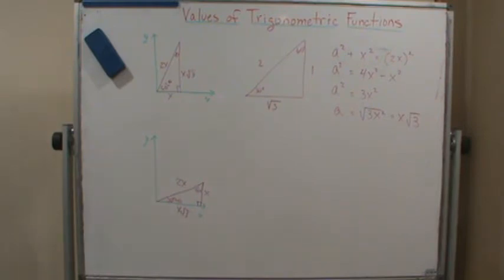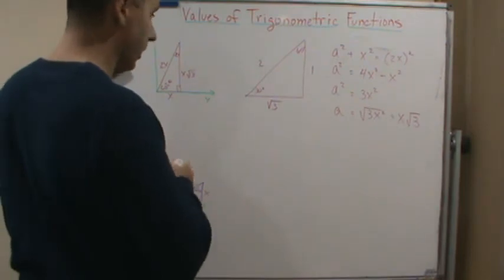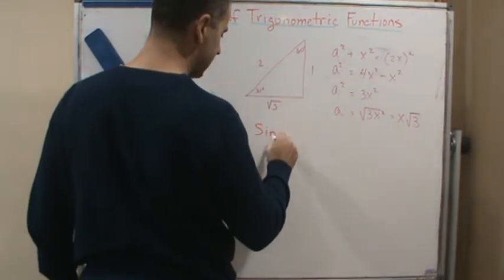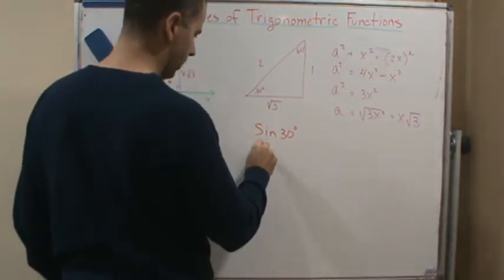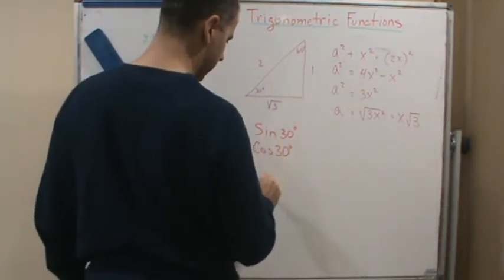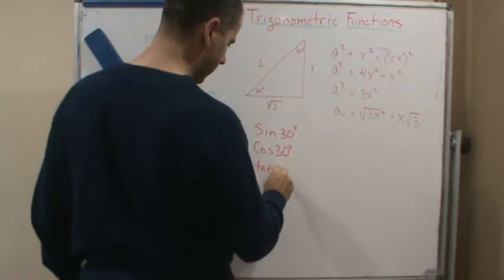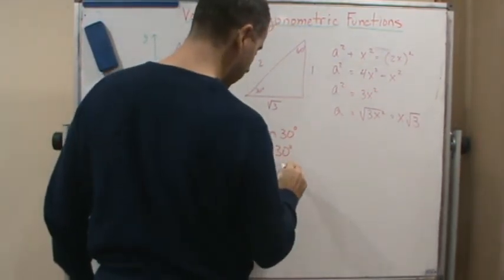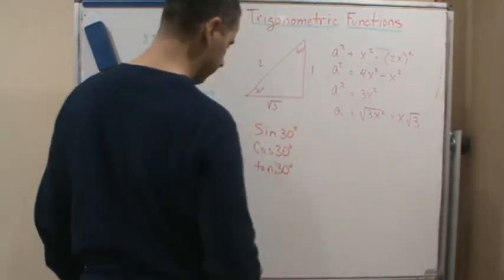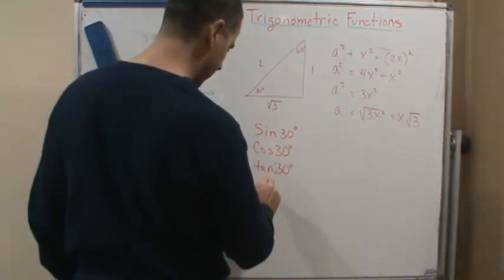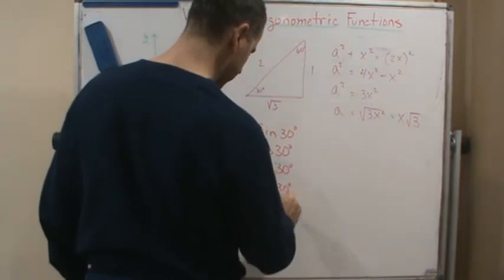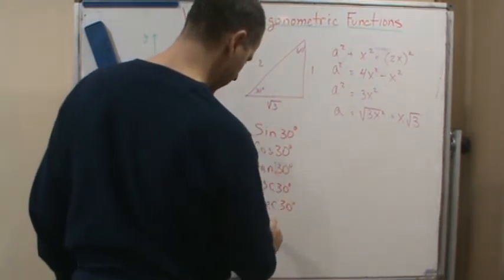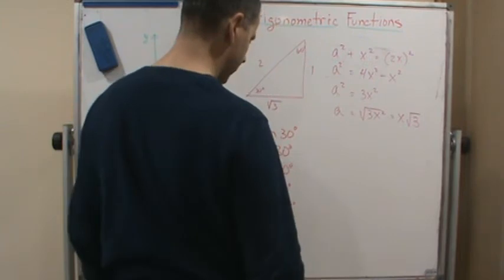So that means when I'm doing my sine, cosine, I'm now finding the values of actual angles. So sine of 30 degrees, cosine of 30 degrees, tangent of 30 degrees, and then cosecant 30 degrees, secant 30 degrees, and cotangent 30 degrees.